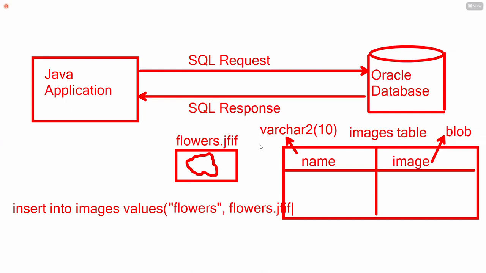This name only is stored in the database. If you want to store a name, blob is not required; varchar 10 you can use. Now, I don't want to store the name or the path of the image. I want to store the image, the picture, the file content.